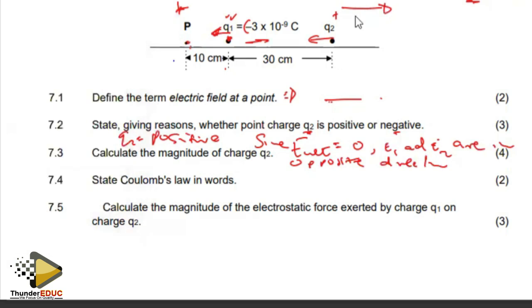Then I want us to calculate the value of Q2. So we have to use the electric field. Remember we said E is KQ over R squared.